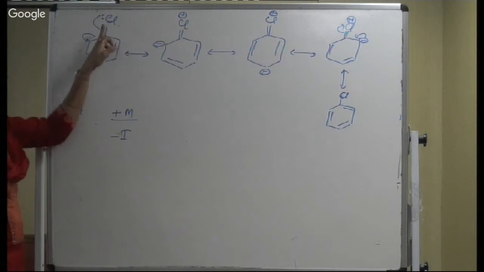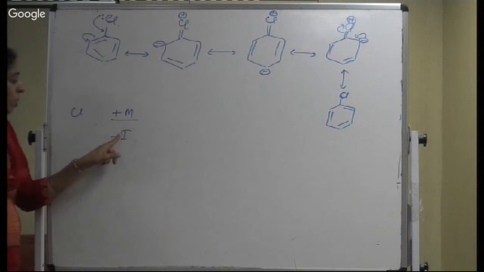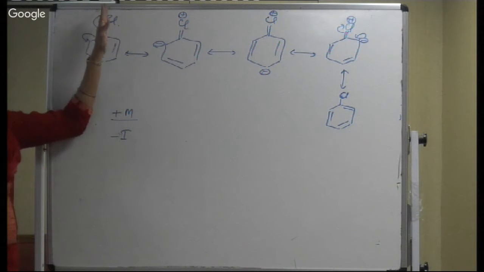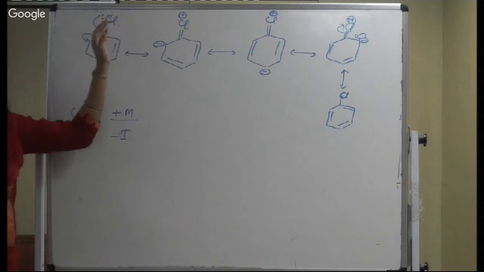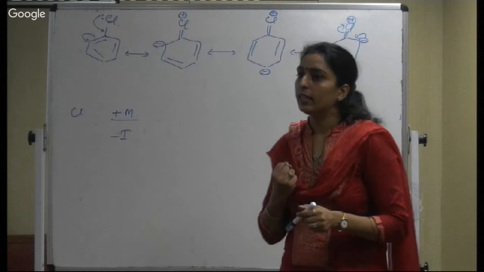Chlorine, since it is electronegative, pulls the electron density towards itself by its minus I effect. Because of that, the ring is deactivated, because the density is pulled by the chlorine atom. So by minus I effect, it is deactivating the ring.